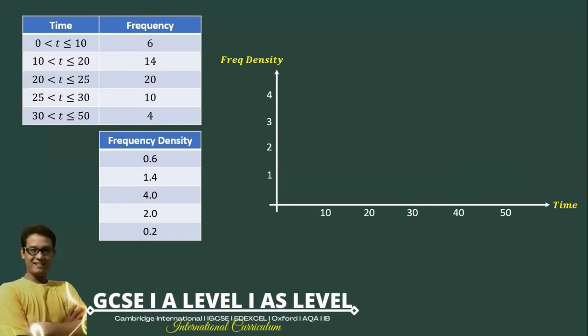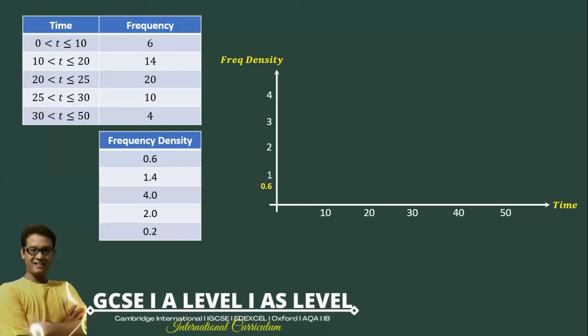Okay, now we're going to start drawing the bar chart of frequency density to time. The first row, the first bar, is 0.6 as the frequency density, and the class width is 10.